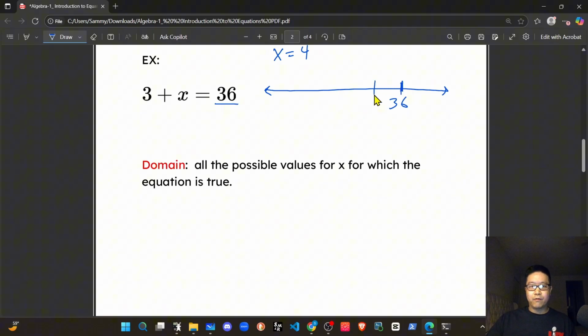So if we start at 36, we can go left to 35, 34, 33. So going back 3 steps from 36, 1, 2, 3, we end up at 33. Therefore, x equals 33 is our answer.